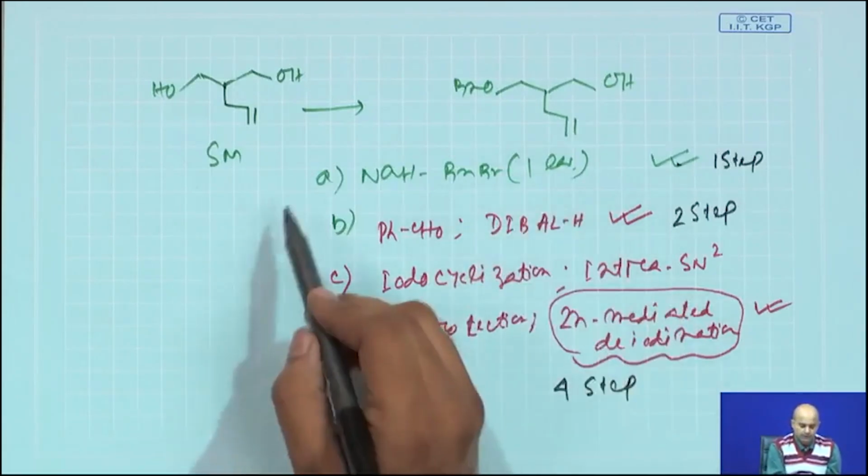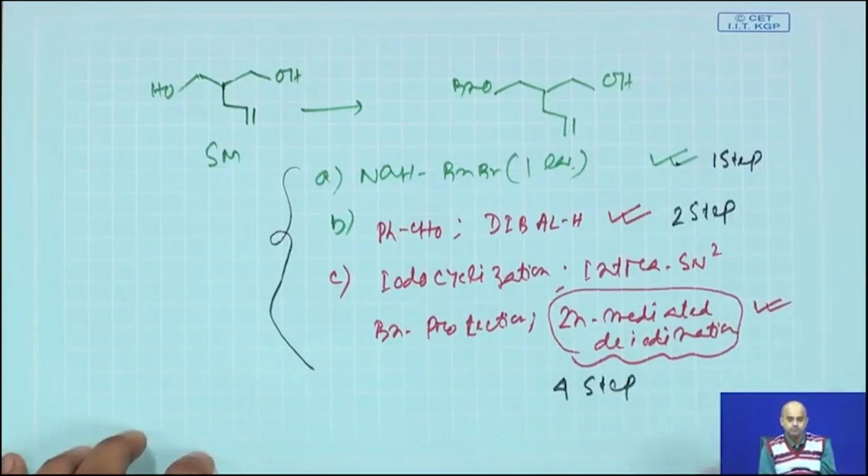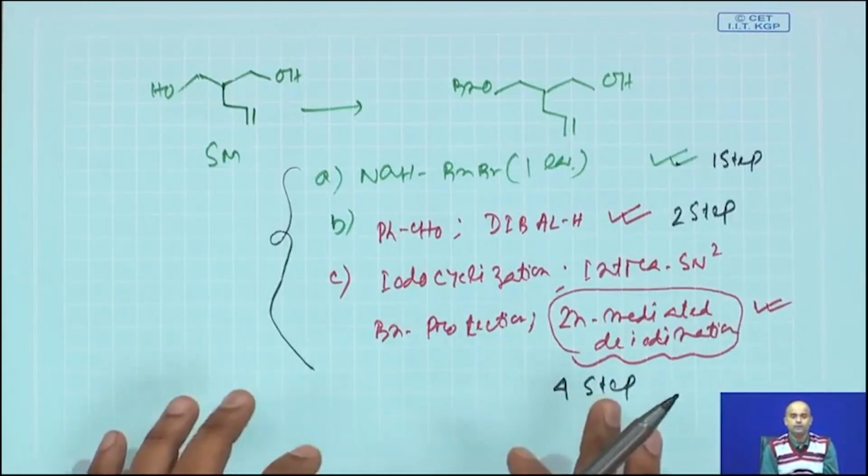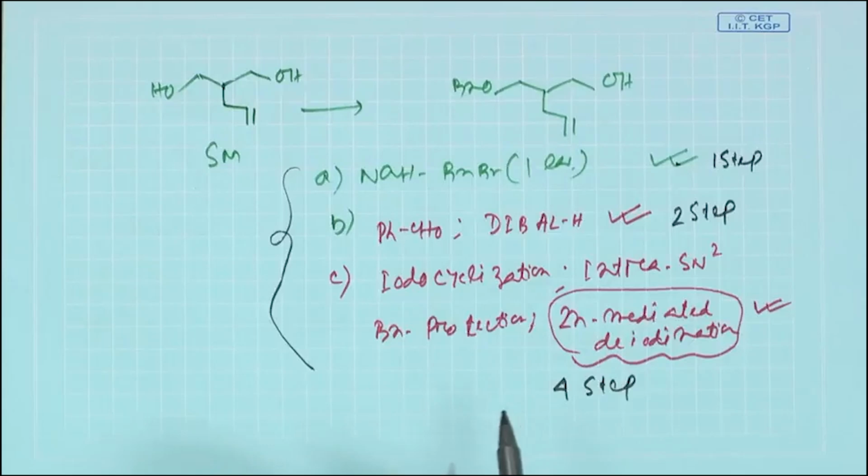So, this way you can think about a desymmetrization reaction, and you can use different key transformations as your main tool, and then try to correlate how the target structure can be correlated back to your starting material.